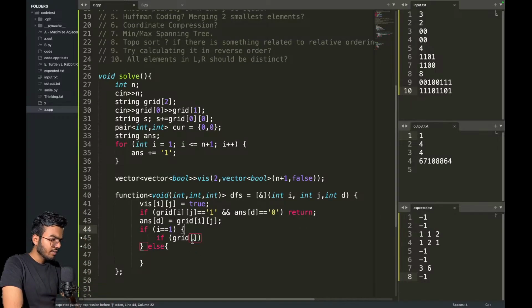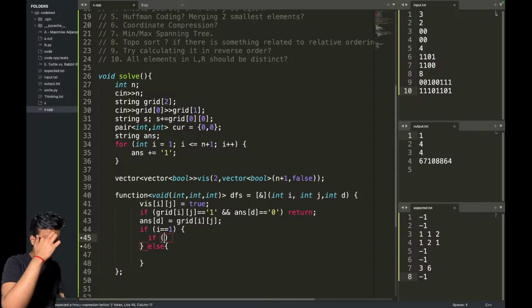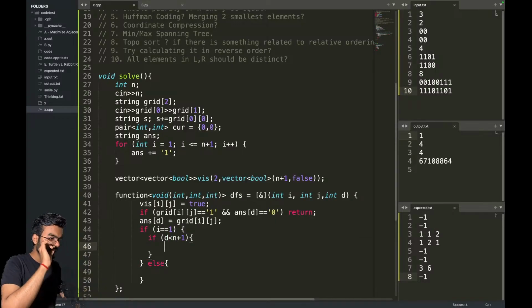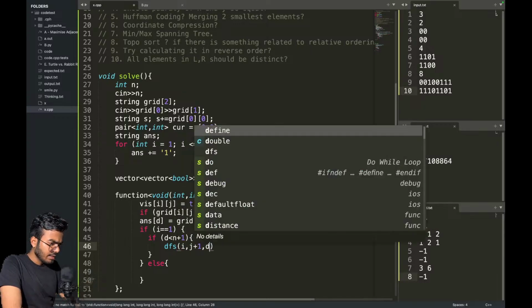So if I equals 1, so I am down, then I can only go rightwards. If d less than n plus 1, then only I will say, okay, let's go DFS of i comma j plus 1 and d plus 1.